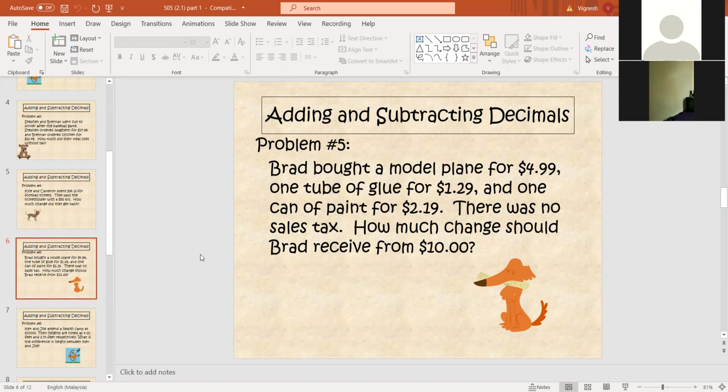Brett bought a model plane for 4.99, 1 tube of glue for 1.29, and 1 can of paint for 2.19. There was no sales tax. How much change should Brett receive for $10? So what we need to do?